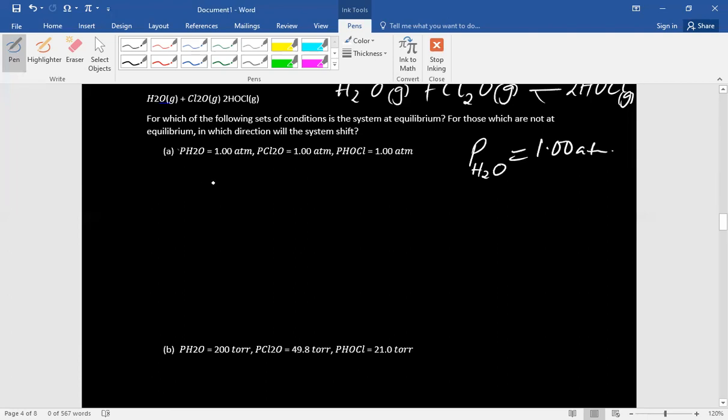Remember that we put Kp in front, so Kp is going to be equal to, and we use partial pressures because all these are partial pressures.